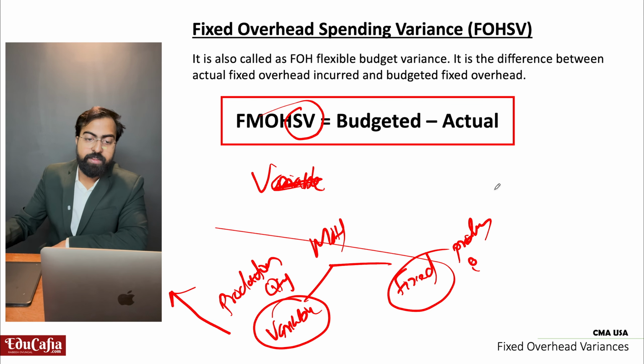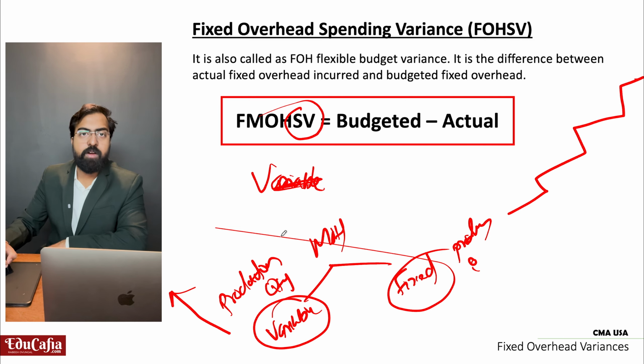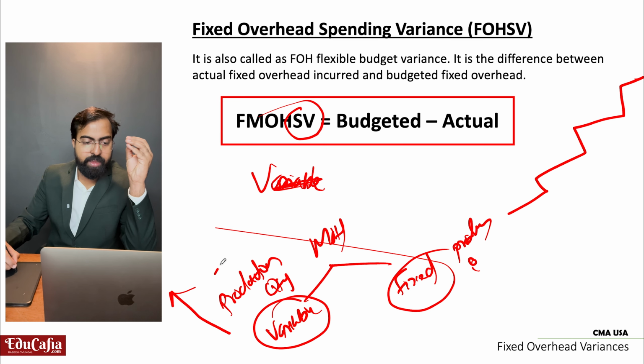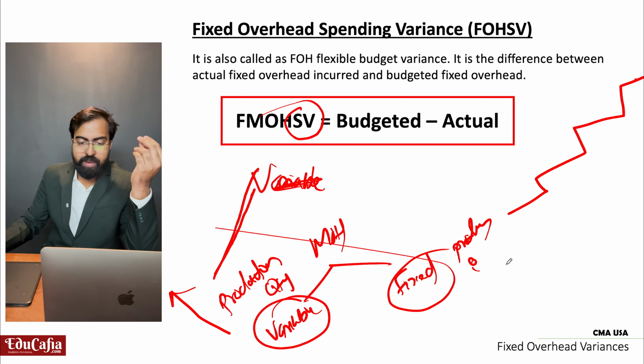But fixed will not increase according to the production quantity. It will increase like a slab. What is the difference? When production increases, the variable cost also increases. But fixed cost will increase like a slab.